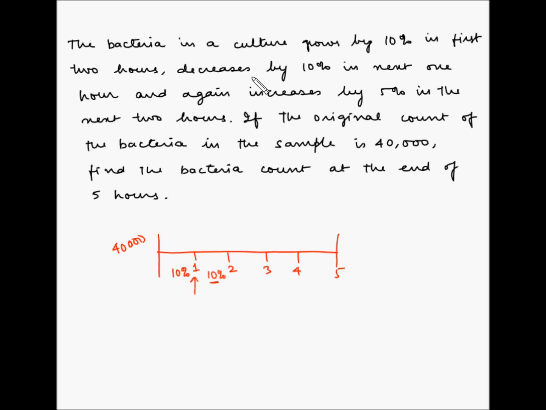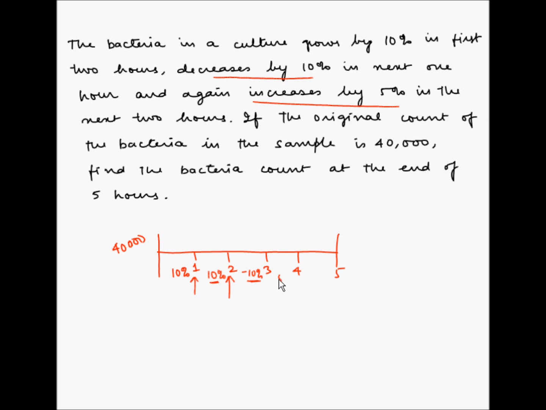Now we have been given that for the next 1 hour, which is the third hour, the growth decreases by 10%. So this is minus 10%, and this is on the count which is available at the end of the second hour. Now for the next hour, which is the fourth hour, the bacteria increases by 5%.